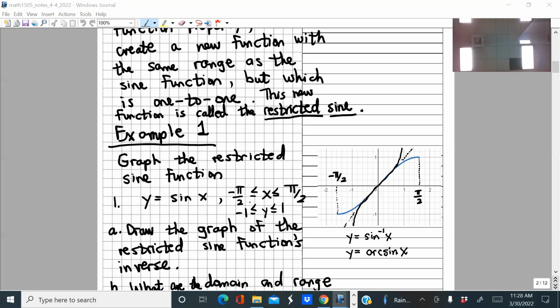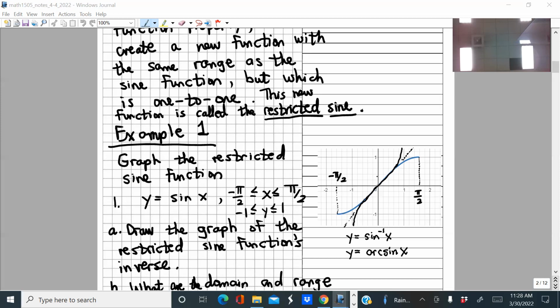Now, let me remind you, for the restricted sine function, which we don't give a separate name, so it looks like the sine function, its domain is only minus pi over 2 to pi over 2, not all real numbers. What's its range? It still goes on the y-axis from -1 to +1, just like the original sine function. So it has the same y values as the original sine function.